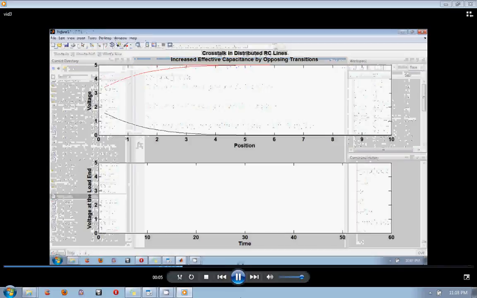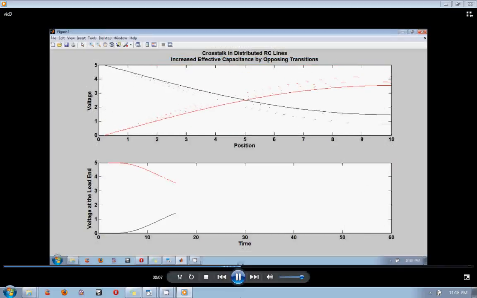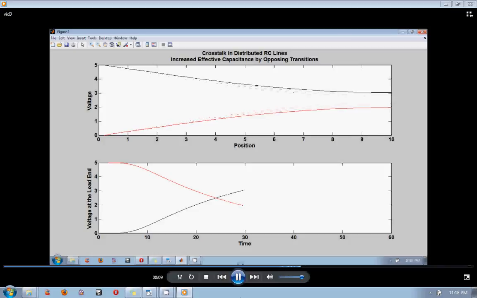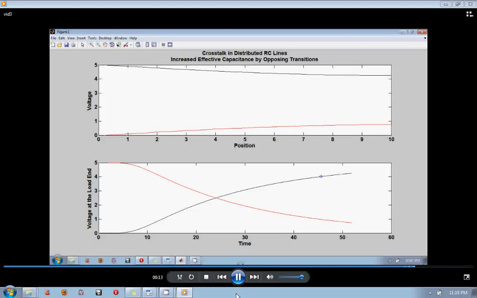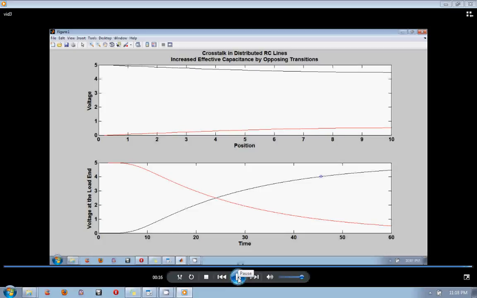Here the coupling capacitance and the normal capacitance are set to the same value of 2. We can see here it takes about 46 time units to cross the threshold.